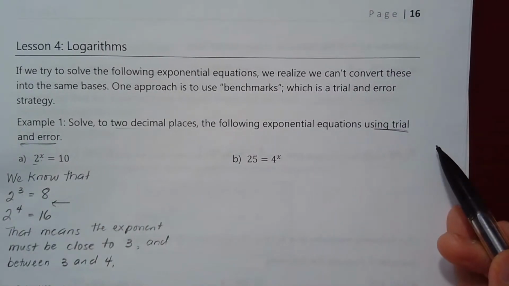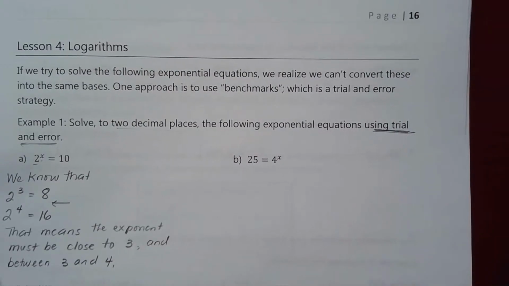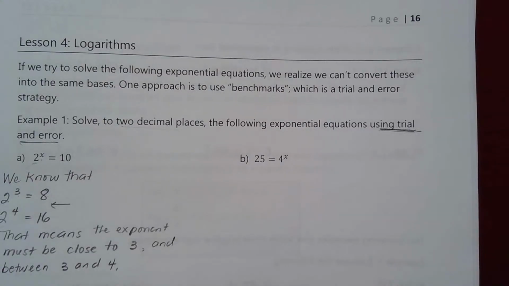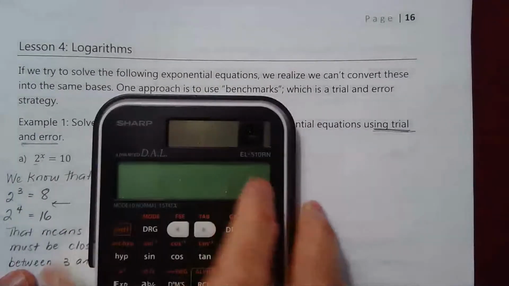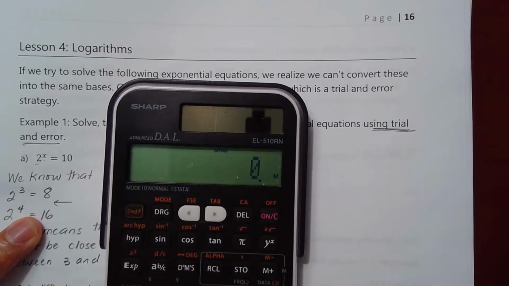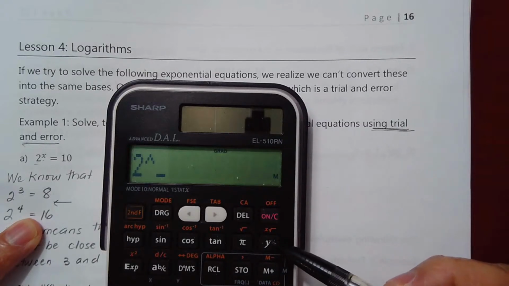Right now, we're going to do the trial and error. Let's see, my calculator. So what about 2 to the exponent? You're going to look for the exponent button, y to the x or x to the y.